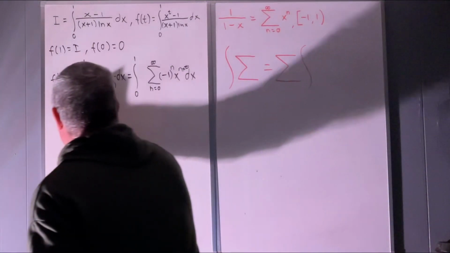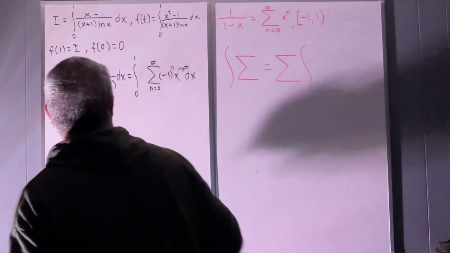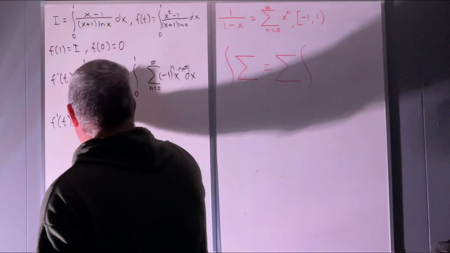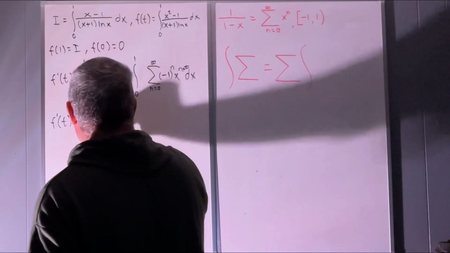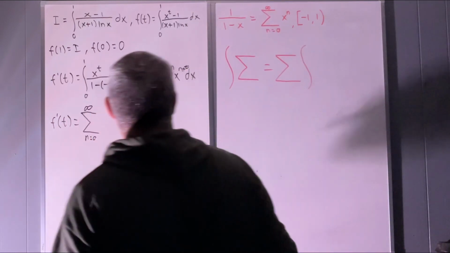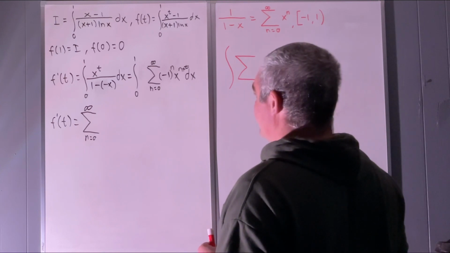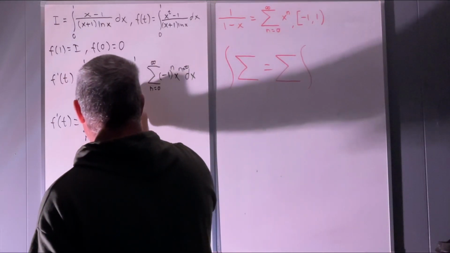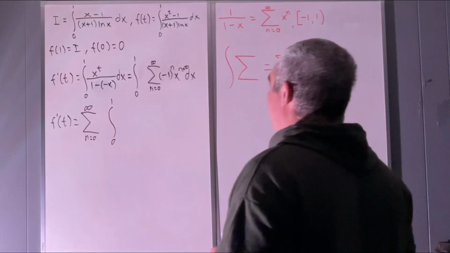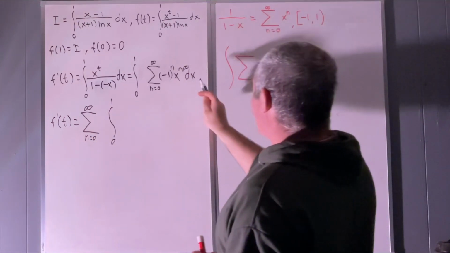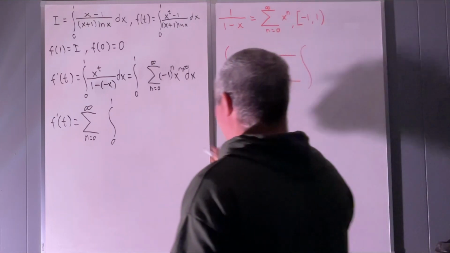So that will give us f prime of t is equal to the sum from n equals 0 to infinity, and we're also going to have an integral from 0 to 1. The integral is dx, so we'll leave all of the x terms to the right-hand side of the integral.